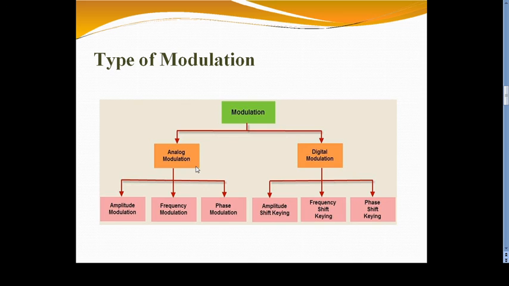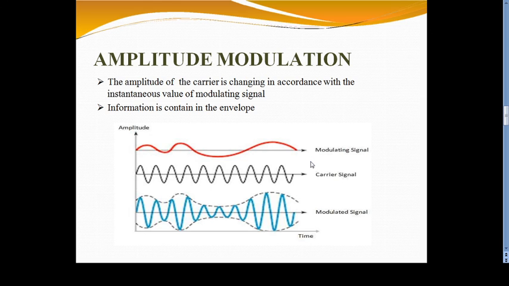Analog modulation is defined as the waveforms being continuous with time. They are not discrete in time. In digital modulation, the waveforms are discrete in nature. That is called digital modulation.